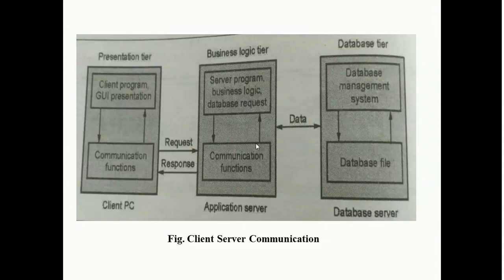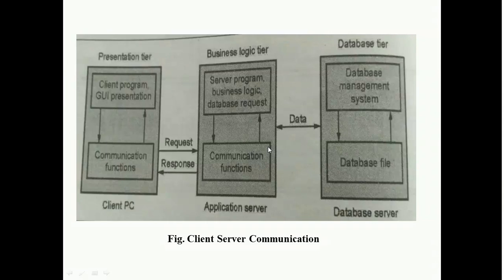All data required by the application server are present in the database server, and the required data is returned to the application server. Means that in the database server all the data is present, and that data is returned to the application server.